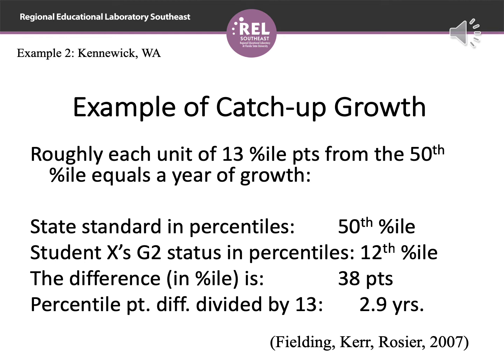They took a student X, in second grade, and his or her status in percentiles was 12th percentile. So then they subtracted the 12th from the 50th, which is average, to get 38 percentile points that student needed to make up. And given that 13 percentile points is what they roughly find in a year of growth, then 38 percentile point difference divided by 13 gives you 2.9 years of catch-up growth.